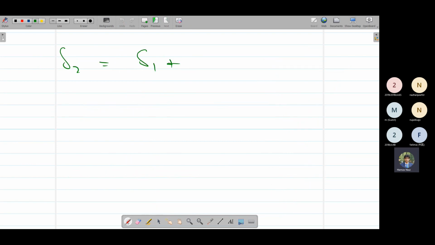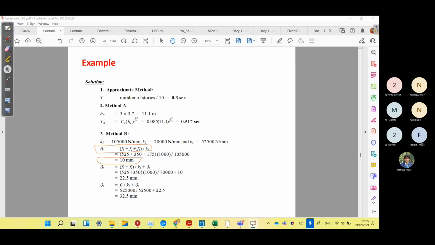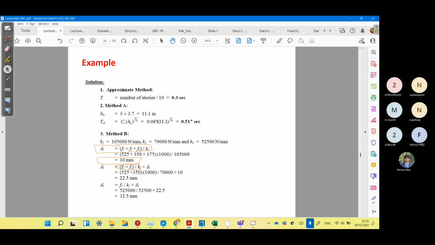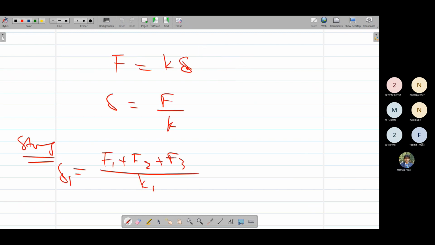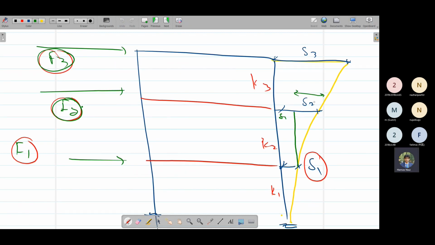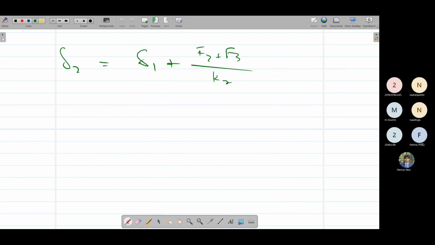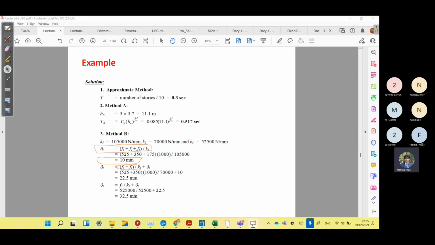So F2 plus F3 over the stiffness of this story, K2. So delta 2 is delta 1 plus F2 plus F3 divided by K2. Exactly the same way, delta 3 would be delta 2 plus F3 over K3. This way we calculate all the deflections.